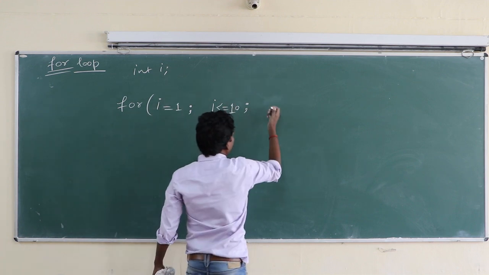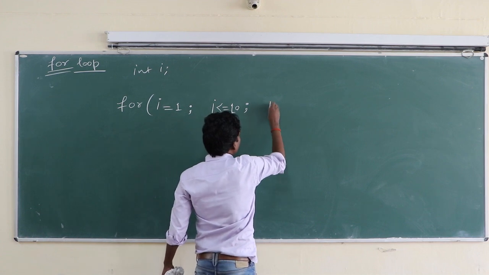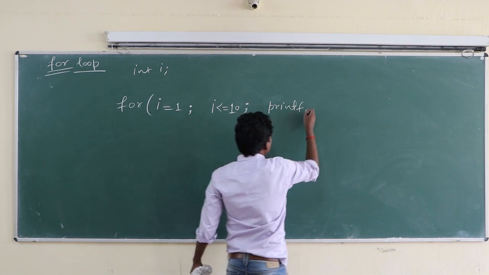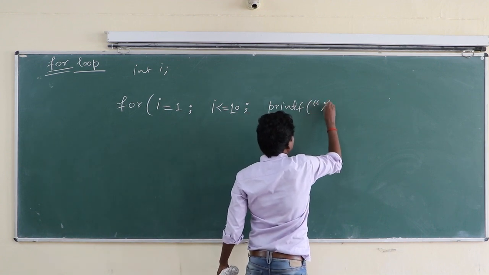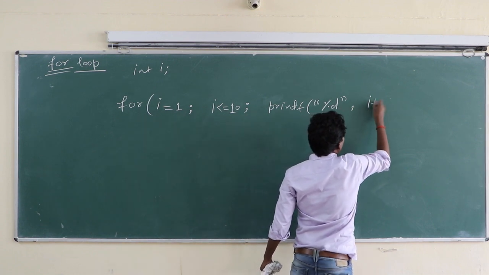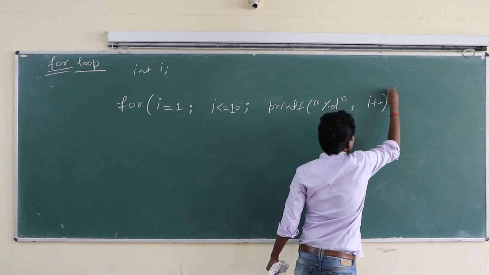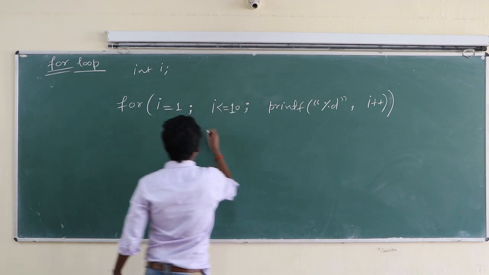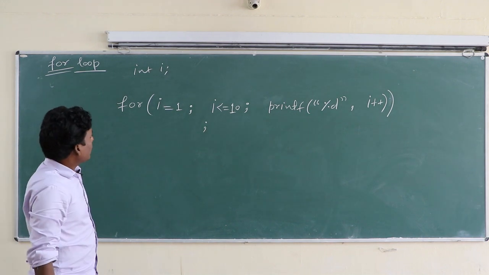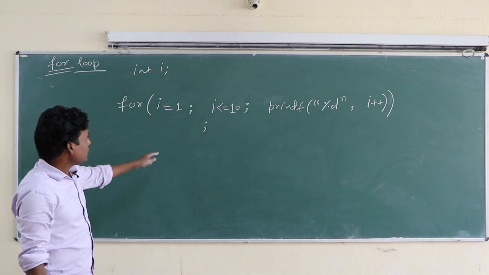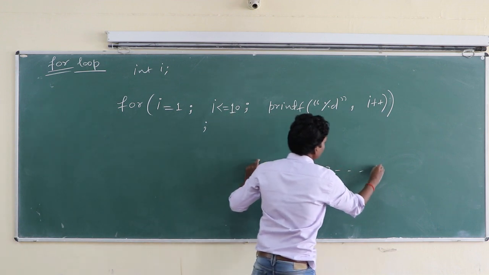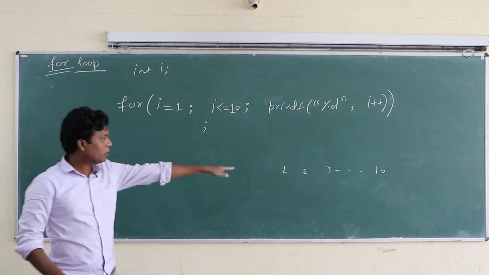Okay, here for the increment, you can combine the increment and printf simultaneously: printf %d, i plus plus. Class, here, what will be the result? 1 2 3 up to 10. The output will be this.